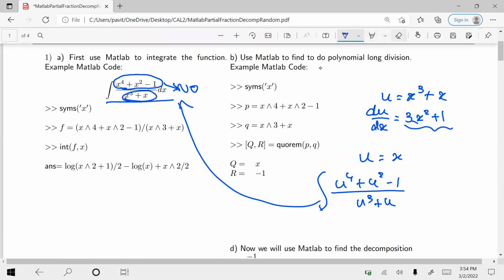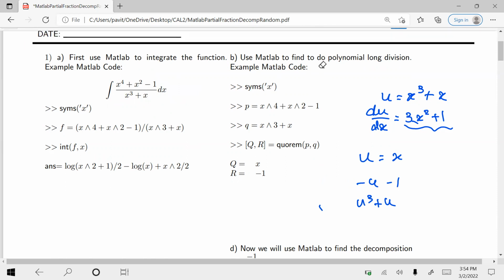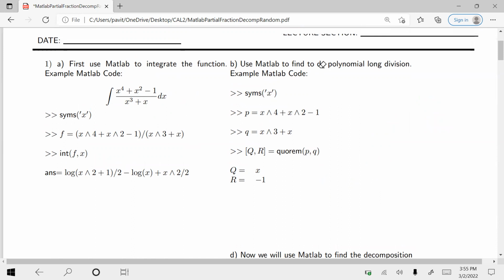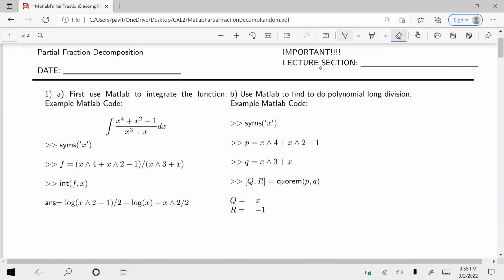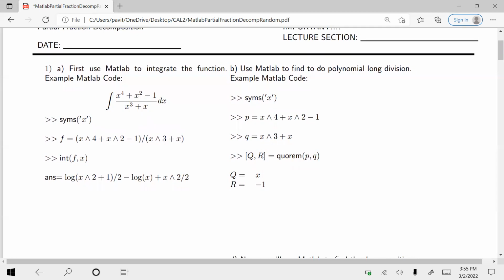So u substitution fails when you try to apply it to polynomials with a division, or when you have polynomials as a fraction, then it is very hard to apply u substitution. Then what can we do? All we can do is simplify this function as much as possible.